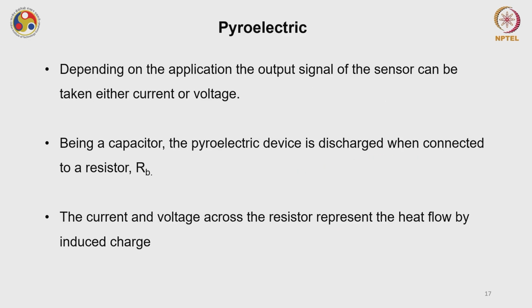So, this is an equivalent circuit for a pyroelectric sensor. Now, depending on the application, the output signal of the sensor can be taken either as current or as voltage, and that is the biggest advantage in the case of pyroelectric sensors.